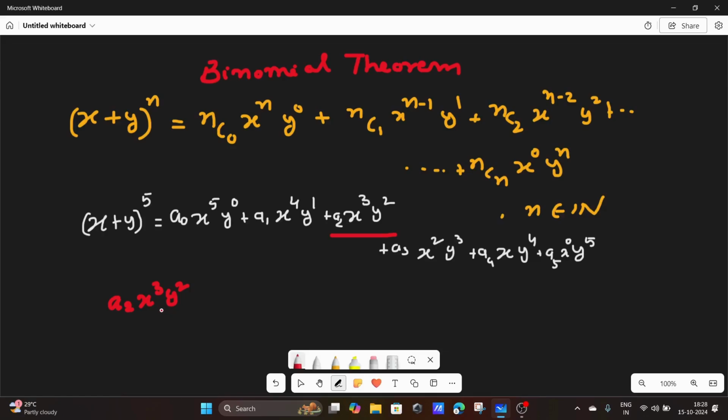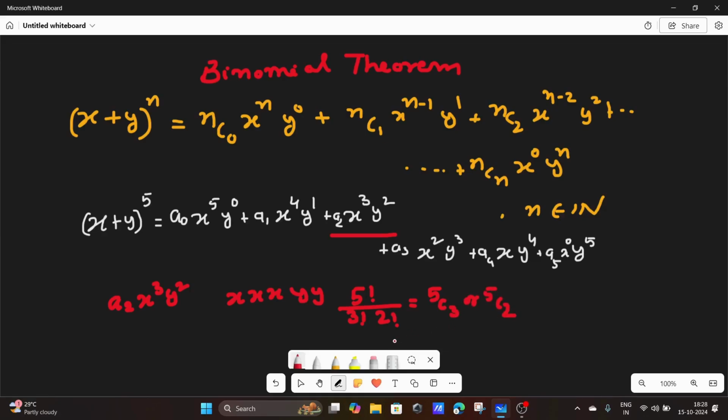Now you tell me, in how many ways can x^3 y^2 be formed with 3 x's and 2 y's? How many ways can you arrange them? That I already told. This is 5 factorial, since total 5 are there, and 3 x's are there, 3 factorial, 2 y's are there, 2 factorial. So this is nothing but either 5C3 or 5C2.